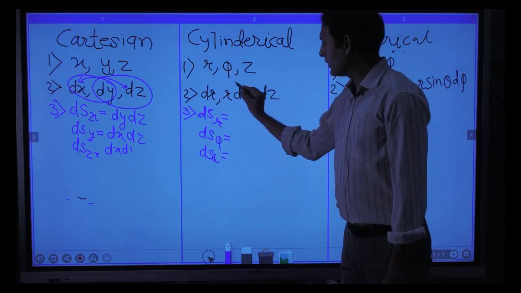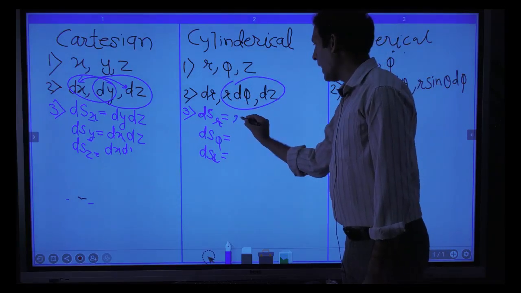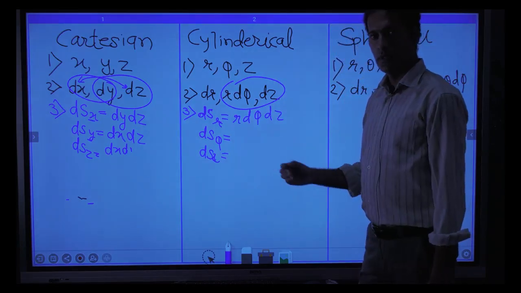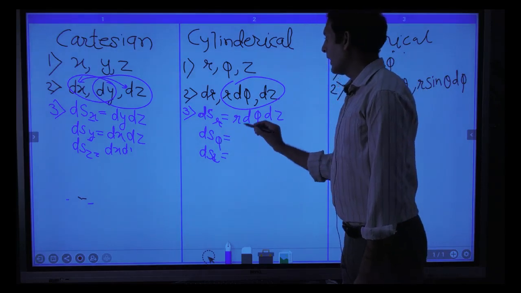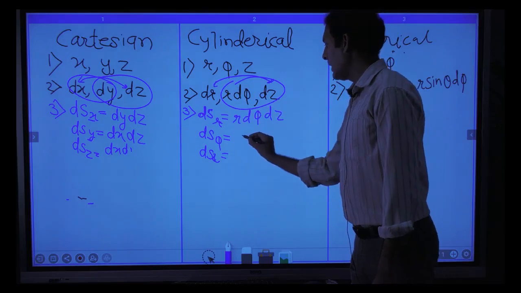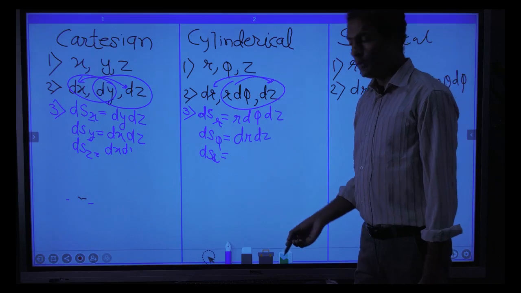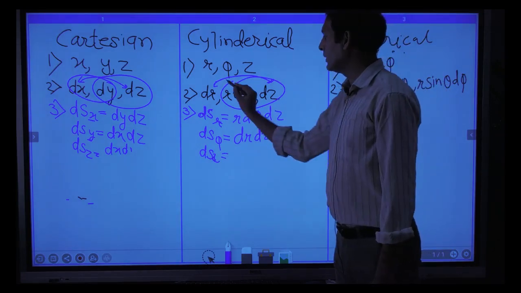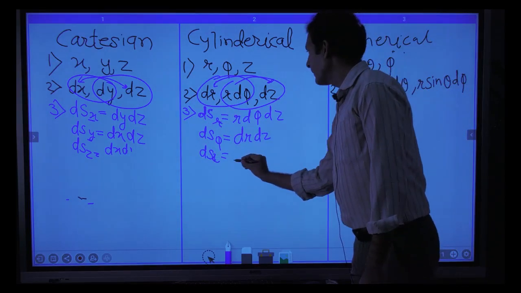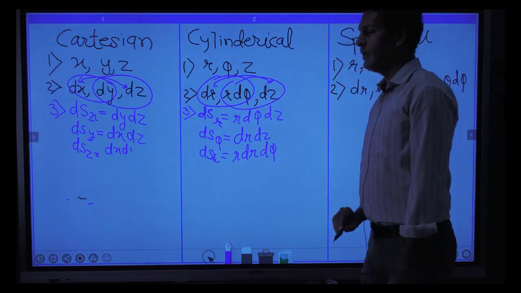Where r is constant, we take the product of the remaining two, so dsr will be equal to r d phi dz. Second one ds phi, where phi is constant, we take the product of the other two, dr dz. Third one dsz, z constant, product of the remaining two, because the remaining two are changing, so it will be r dr d phi.